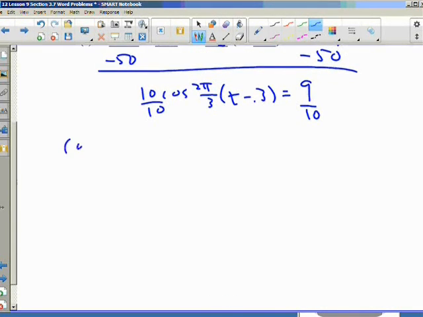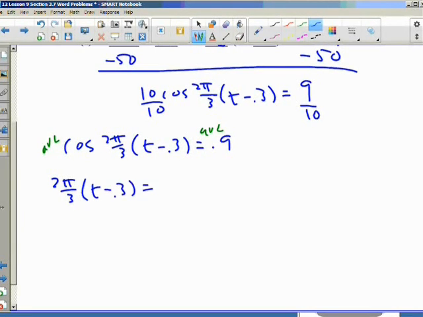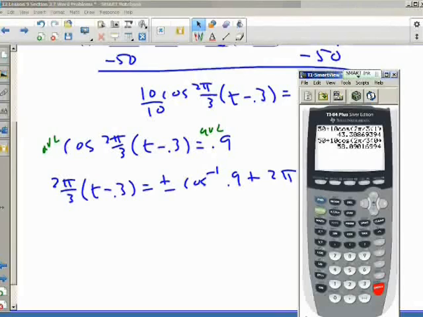So now we have the cosine of our stuff here equals 0.9, and we're going to undo cos with arc cos and get into all that fun stuff. So pull up our calculator, second cos of 0.9, we get 0.45.